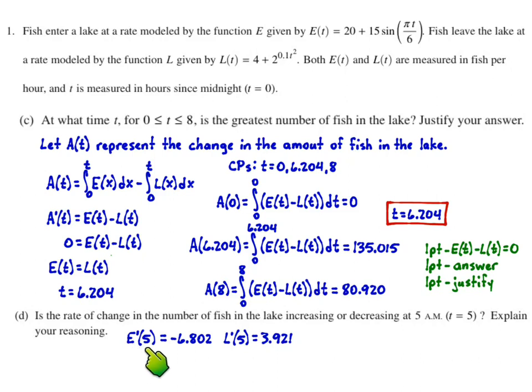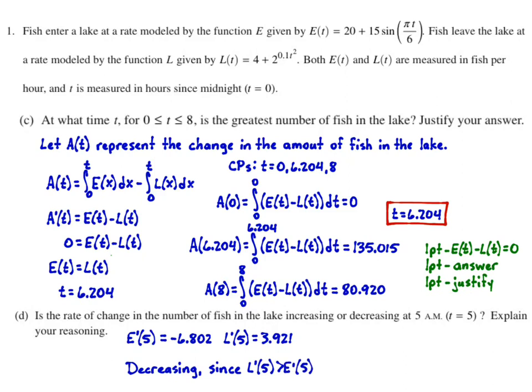We notice that the rate of the rate in is negative 6.8 and the rate of the rate out is 3.9. We can see that the rate of the rate out is greater than the rate of the rate in, and therefore it is decreasing. And we'd say since L prime of 5 is greater than E prime of 5.